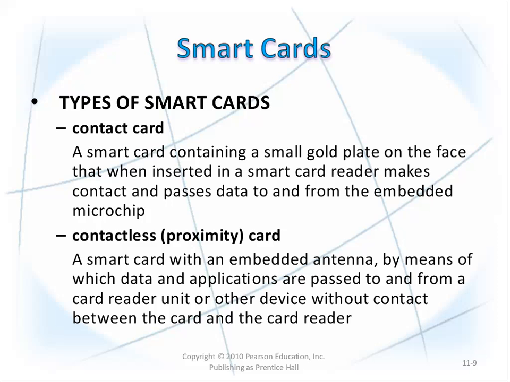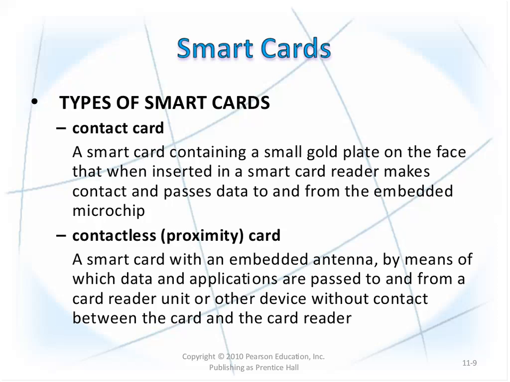But on the other hand, contactless is a smart card with an embedded antenna by means of which data and application are passed to and from a card reader unit or other device without contact between the card and the card reader. In contactless, by using some sort of chips, for example, let's say RFID can be a technology in this area, you embed the chip in the card, and the card has the antenna.